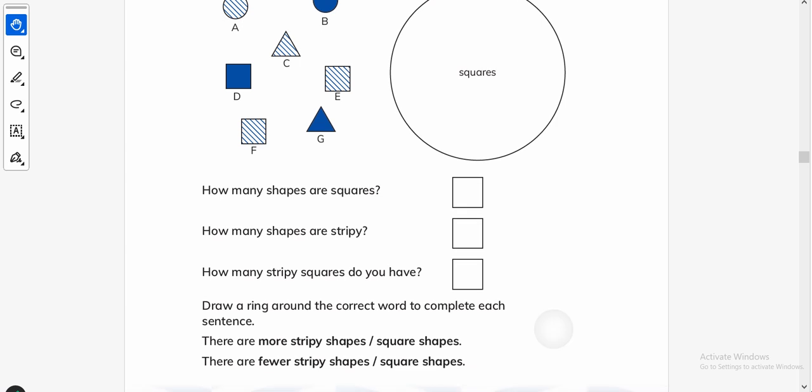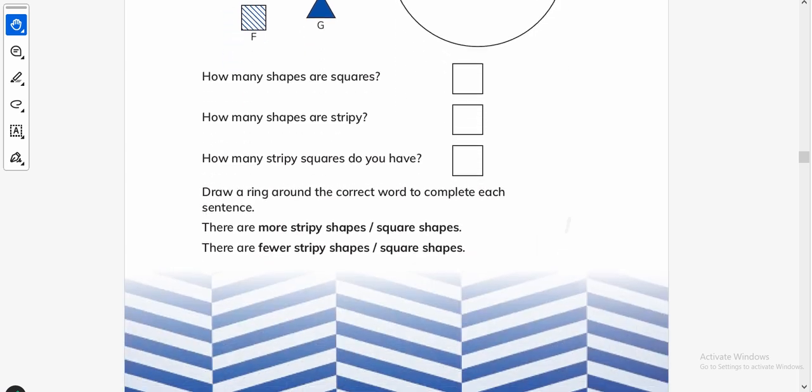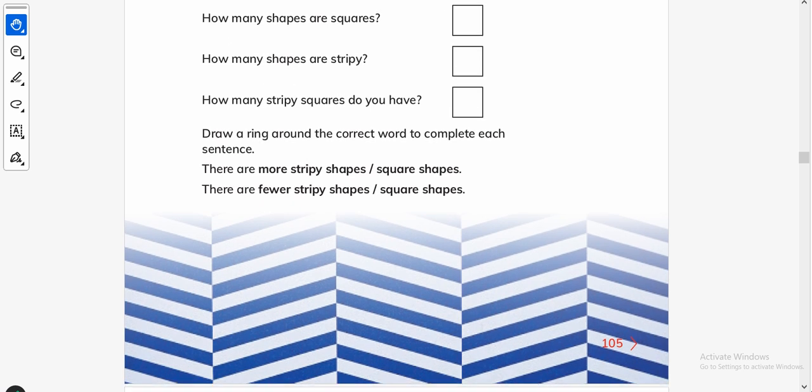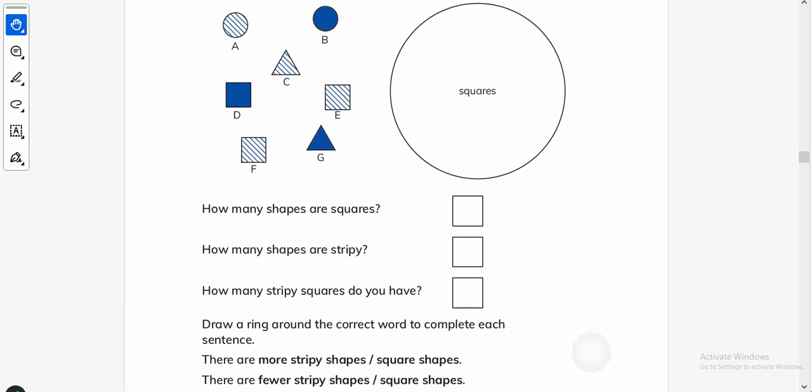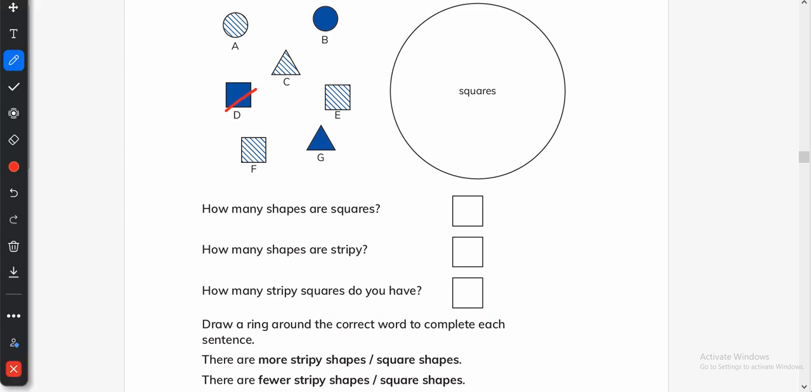Draw a ring around the correct word to complete each sentence. There are more stripy shapes or more squares? More stripy shapes, because squares are 3 and stripy shapes are 4. See, 1, 2, 3 squares, but if we count the stripy shapes, they are 4.